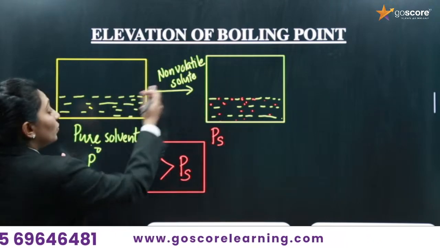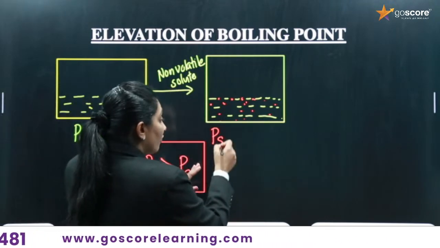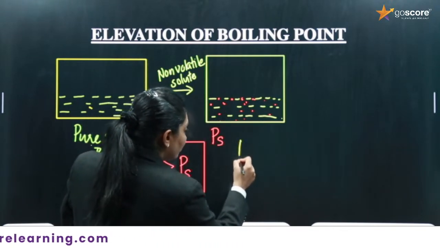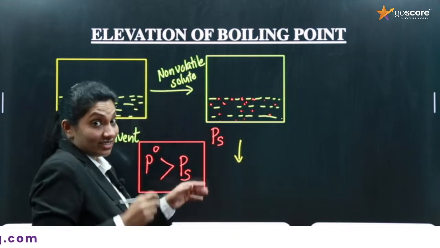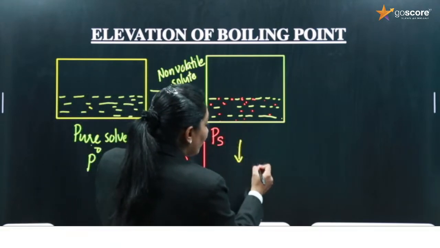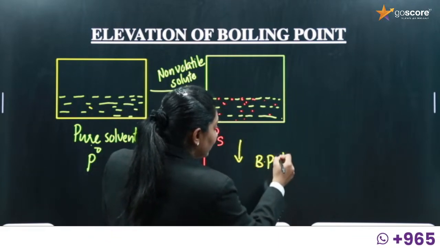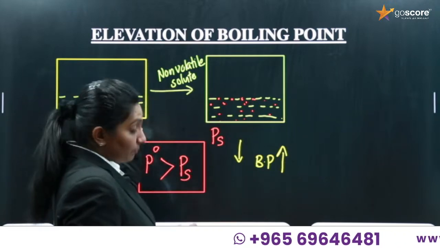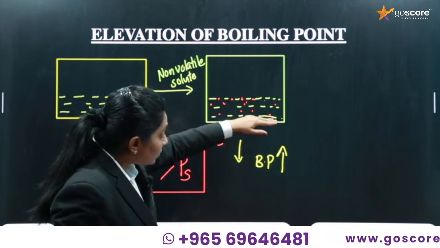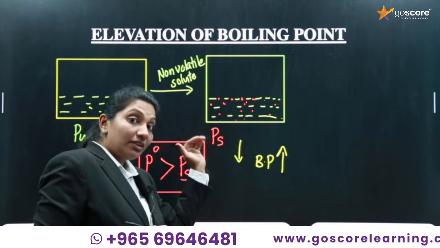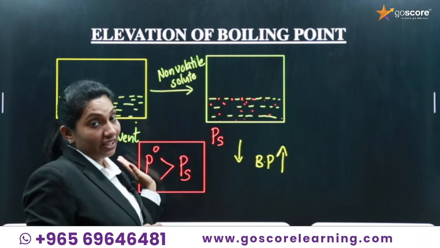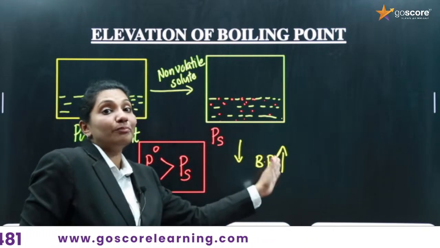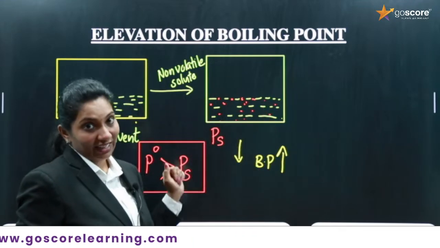When you add the non-volatile solute, the vapor pressure of the solution gets decreased. That means its boiling point is increased. When you add a non-volatile solute to a pure solvent, the solution formed has a vapor pressure lesser than that of the pure solvent. As the vapor pressure decreases, the boiling point of the solution increases.